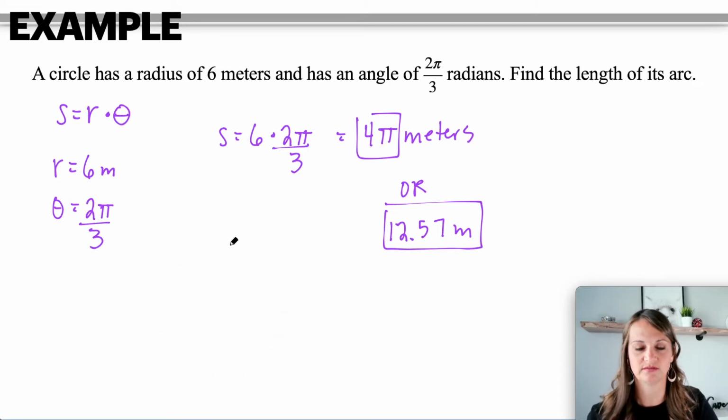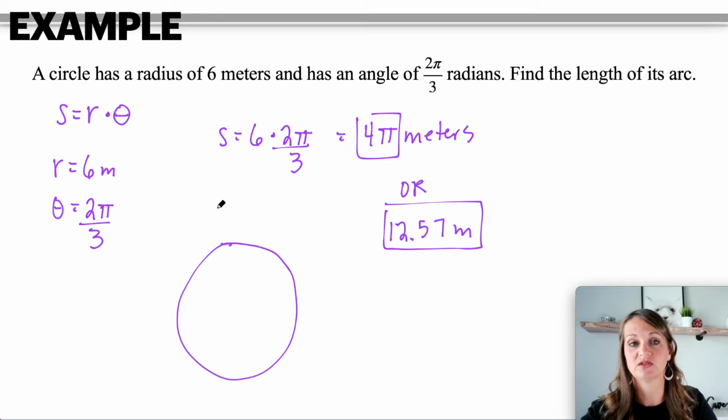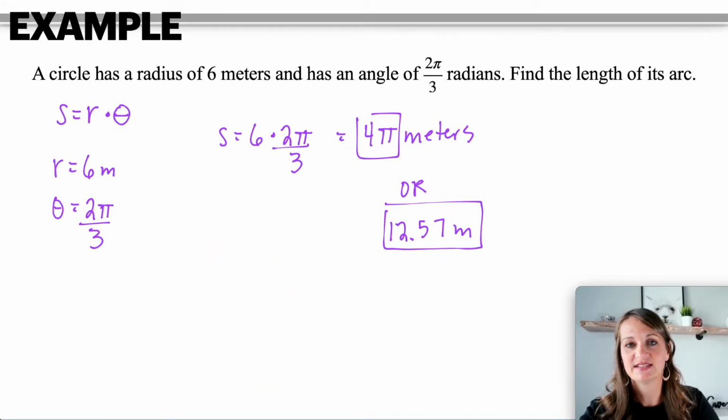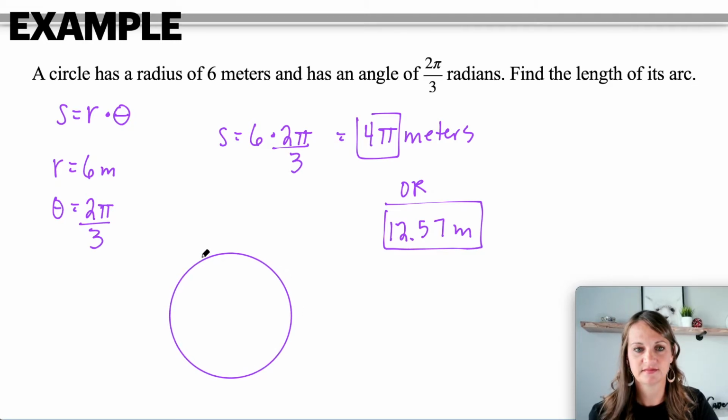So basically what it's saying is, let's say you have a circle, and you say that the radius is 6 meters and you wanted to go to a terminal side of 2 pi over 3, which is roughly about right there.